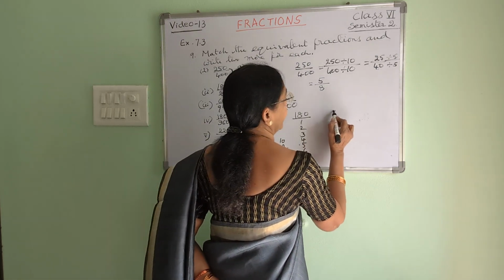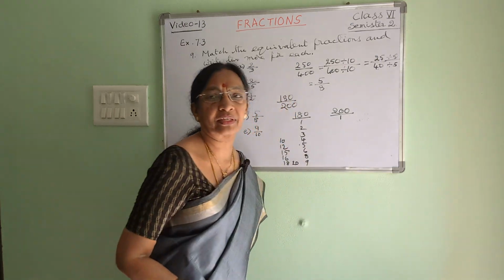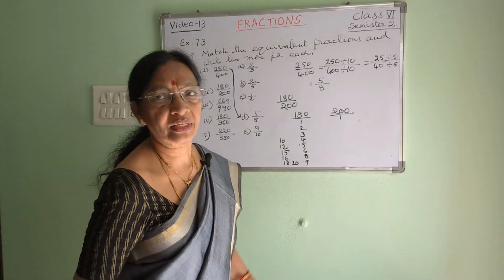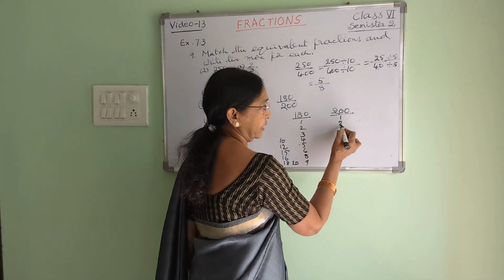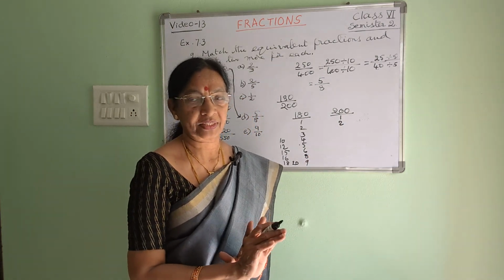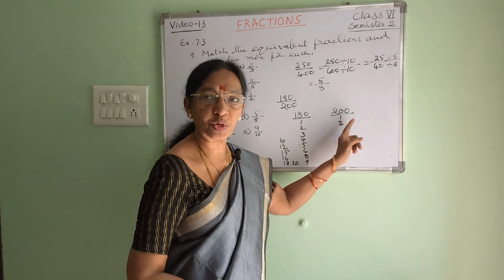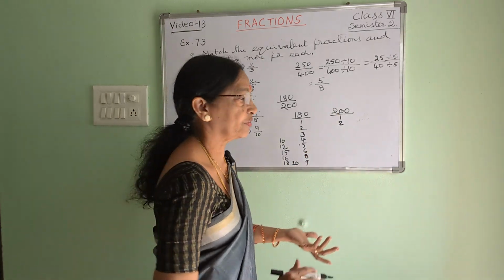And for 200, 1 is a factor of all. And as it is an even number, 2 is a factor. And 3 is not a factor because the sum of the digits, 2 plus 0 plus 0, is 2, not divisible by 3.